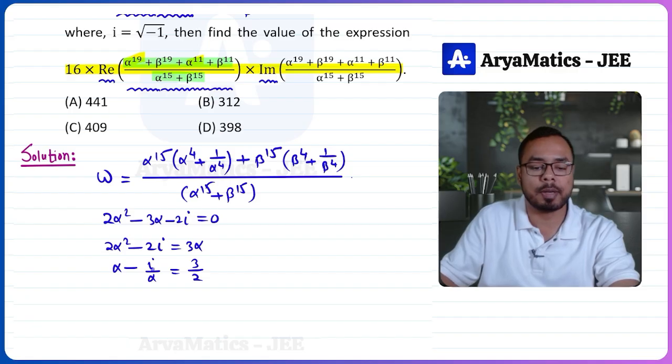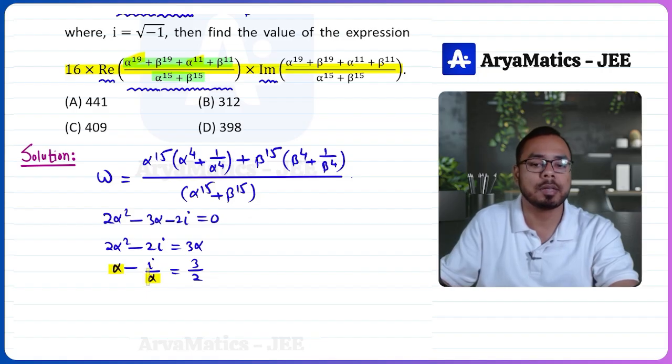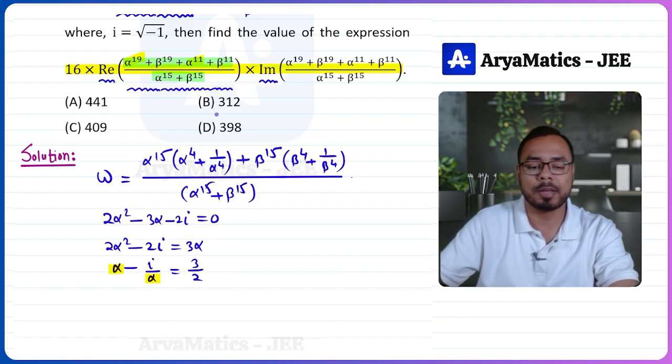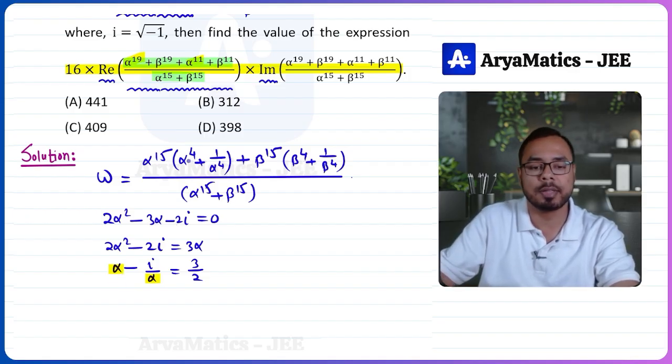And now we can square. The reason we are writing in this form is that if I use the (a minus b) square formula, then in the twice ab term, alpha and 1 by alpha will cancel. So we'll get alpha square plus 1 by alpha square or minus 1 by alpha square, and then after one more square we can create this term. If I square this one, we'll get alpha square, and then iota square by alpha square.